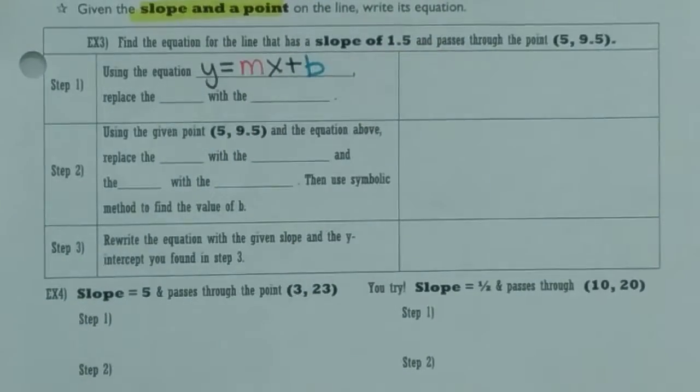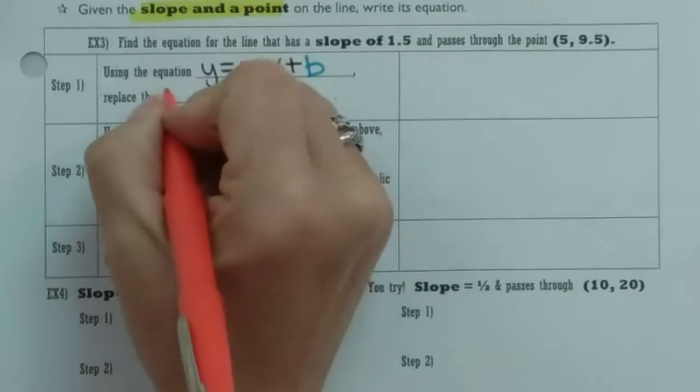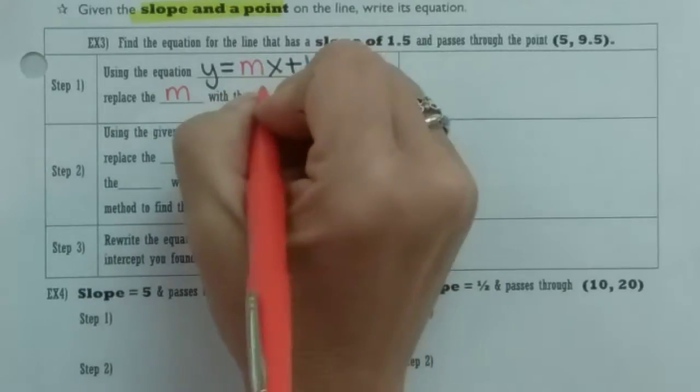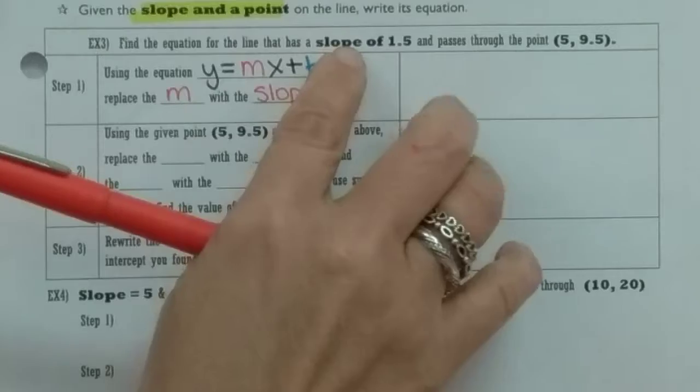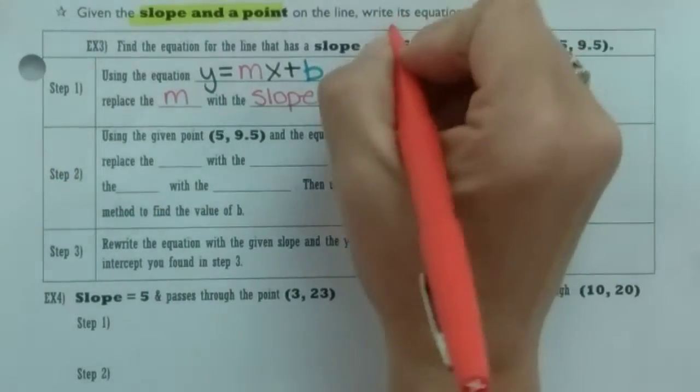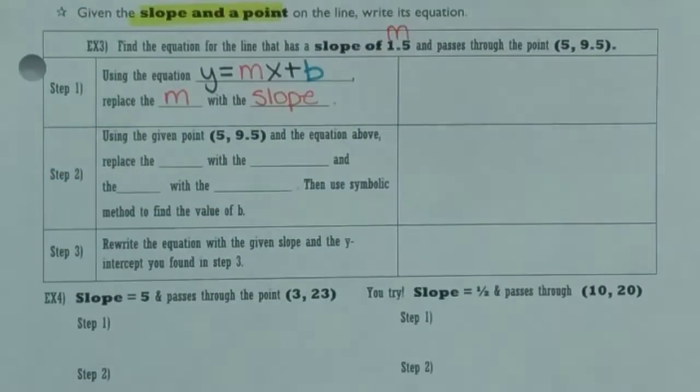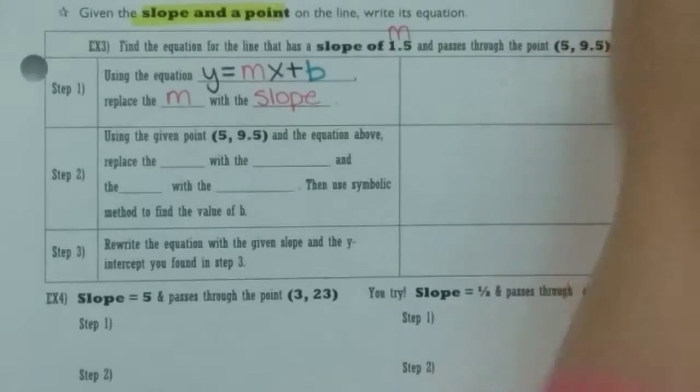We're going to start by replacing the m with the slope. Okay, because if we read up here, find the equation of the line that has the slope of 1.5, so m is 1.5, and passes through the point 5, comma 9.5.